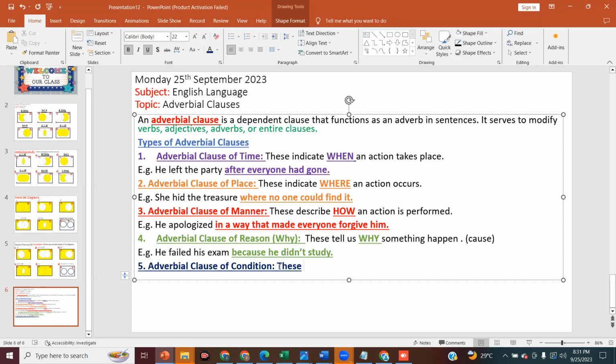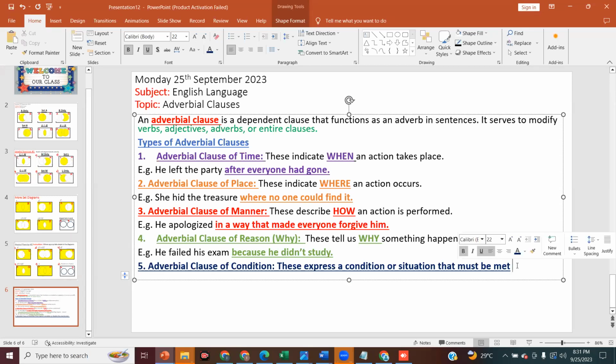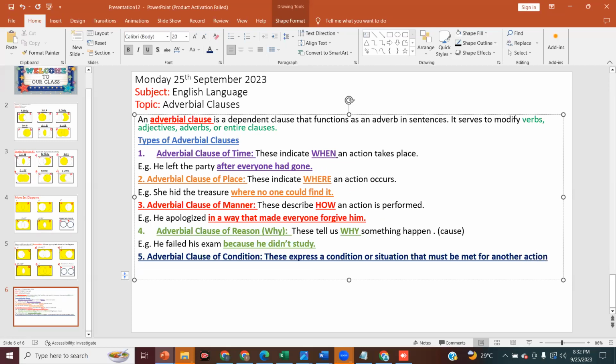These express a condition or a situation that must be met for another action to occur.